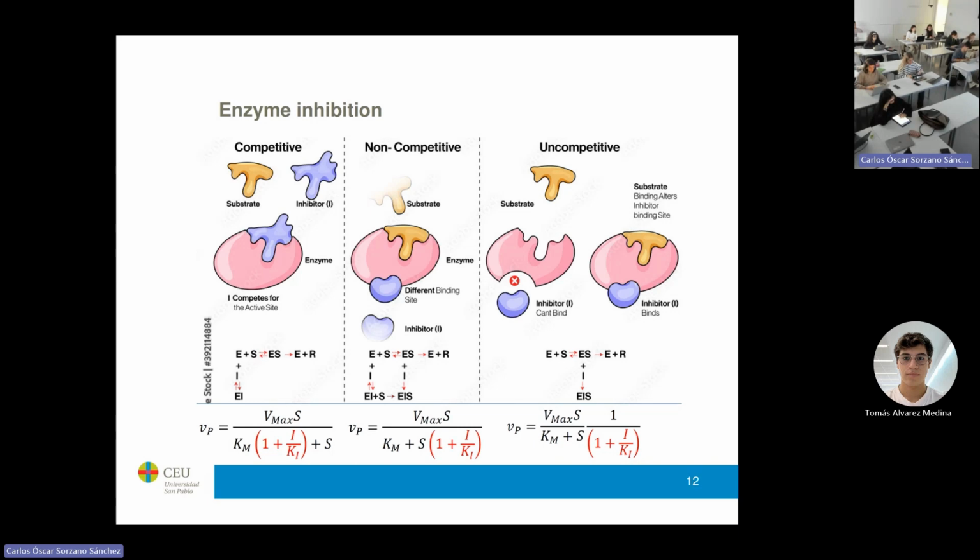Then the inhibitor can bind to a different place. So for instance, it can be non-competitive. Here the inhibitor is competing for the same binding site, but here the inhibitor is binding somewhere else. And once it is bound, it interferes with the binding of the substrate and releasing, especially with the releasing.